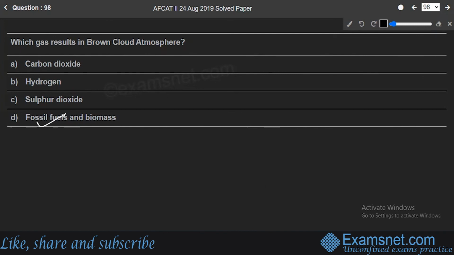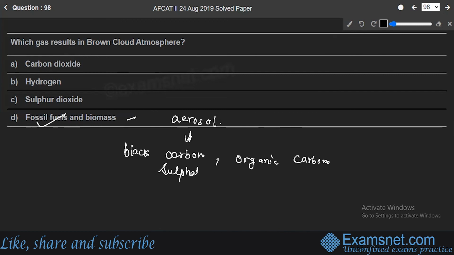Emissions associated with these are the source of the brown cloud atmosphere, which is formed by aerosols. These aerosols are mainly made up of black carbon, organic carbon, and other aerosols like sulfates and nitrates.